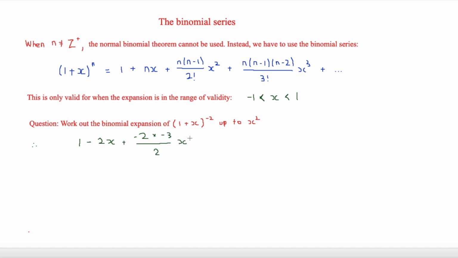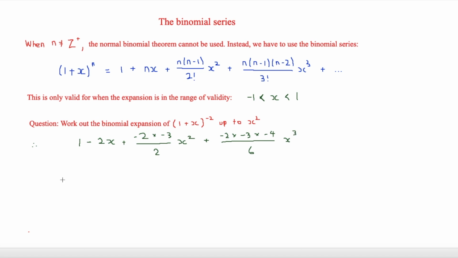Then we add n, which is minus 2, times by minus 3, and then times by minus 4, over 3 factorial, that's 1 times 2 times 3, which is 6, x cubed.